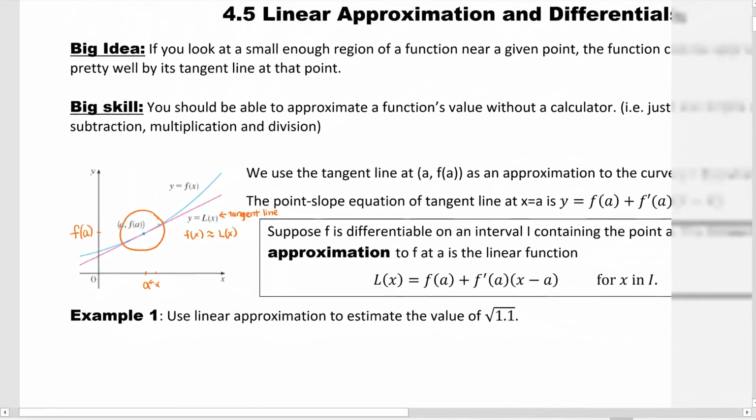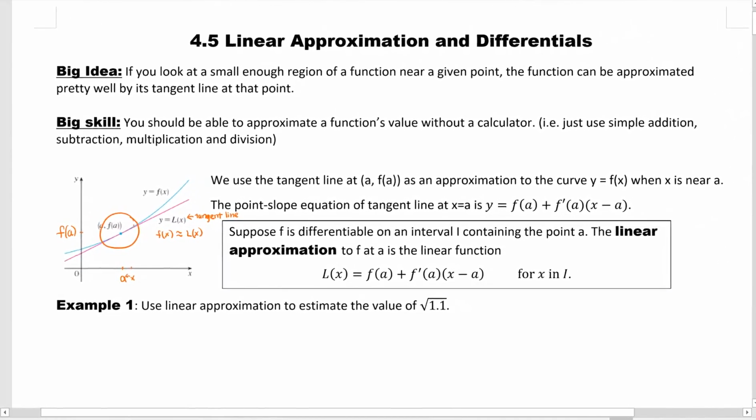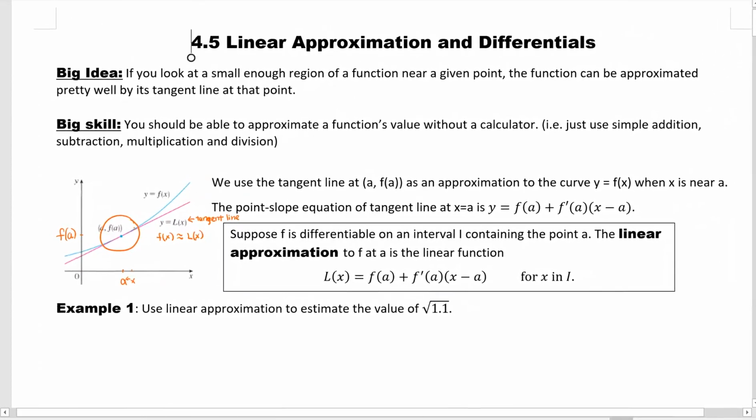So we will use the tangent line as an approximation to the curve near a. So the point-slope form of the tangent line at the point a is f of a plus f prime of a times x minus a.